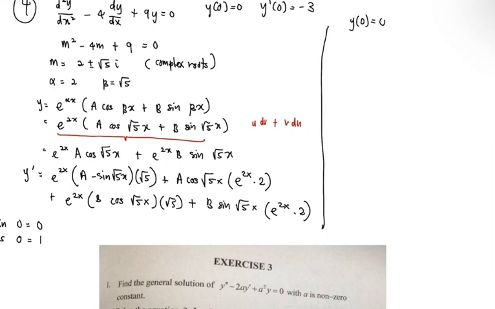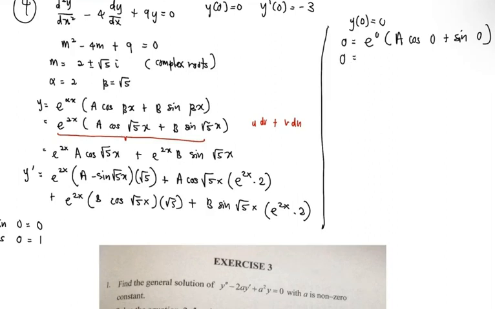So from here we have 0 equal to e to the power 2 times 0, which is e to the power 0, times a cos 0 plus b sin 0.